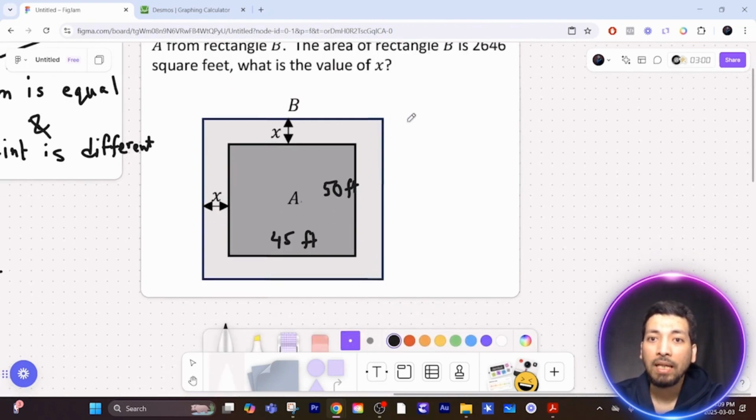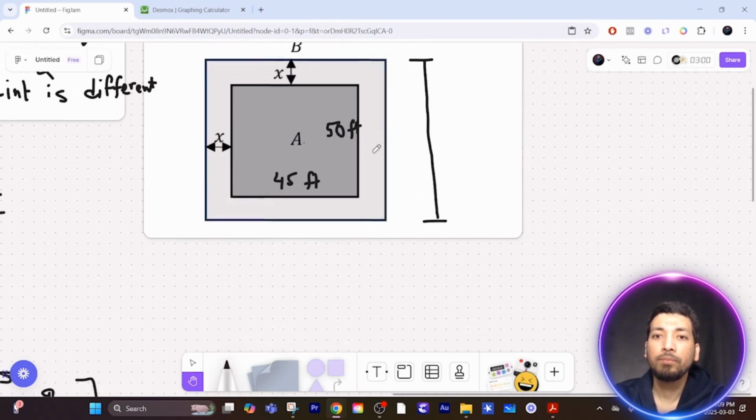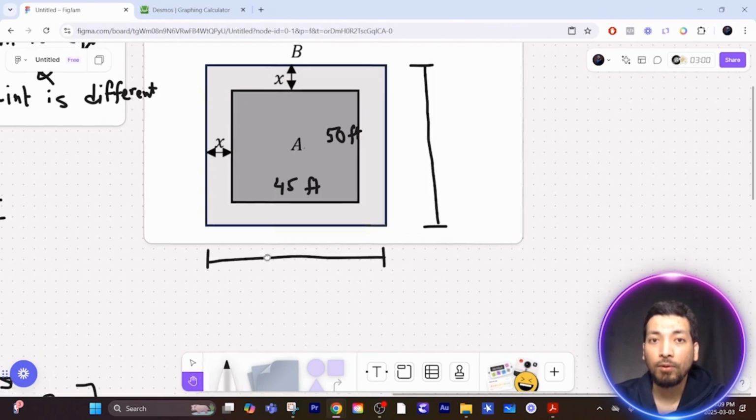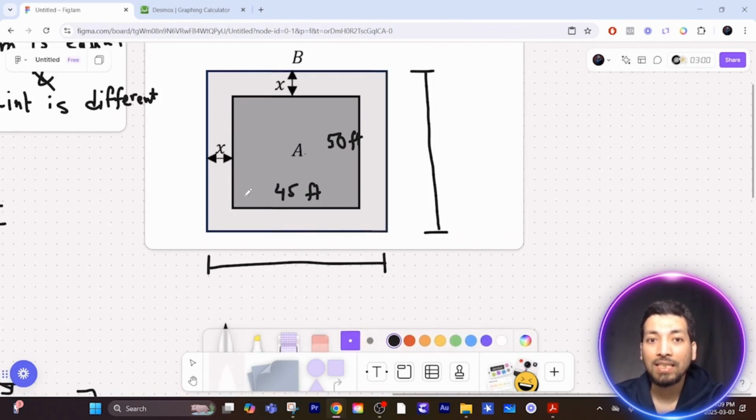So for rectangle B, this is my width and this is my length. Now if you try to find the new length of rectangle B, it's this 45, this x, and this x. So it's 45 plus x plus x. And the same goes for this width. We have 50 plus x plus x.